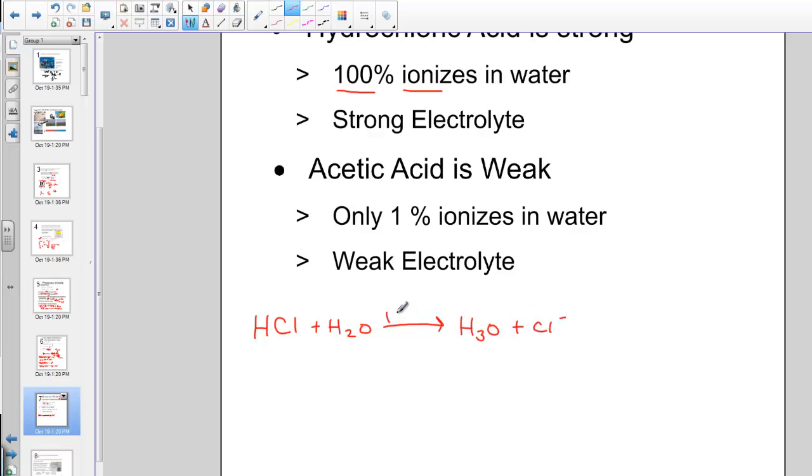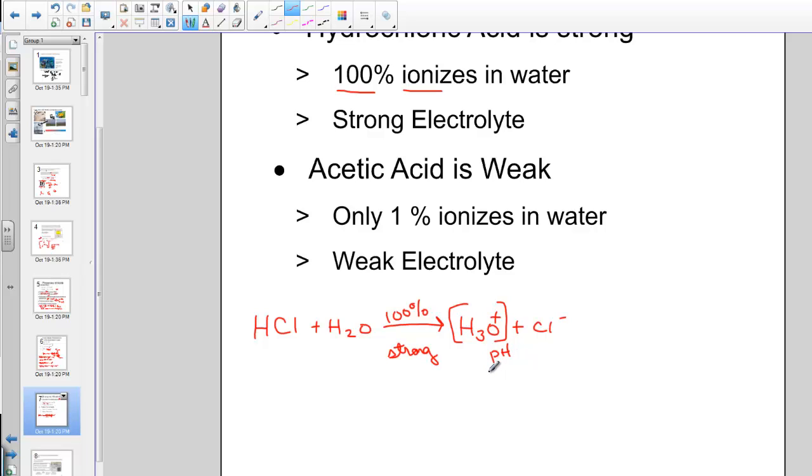And literally over the arrow, I'm going to show that 100% of this reaction pushes right. So by the time I'm done, there's no reactants left. We're 100% on the right side of the arrow. Hydronium is H3O plus and chloride is negative. And this is what we refer to as a strong electrolyte.